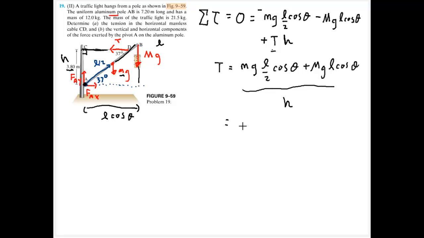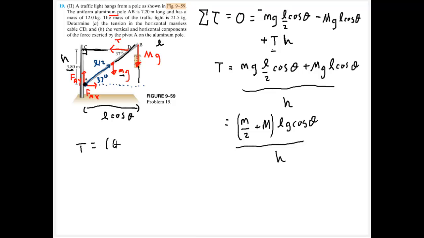And I can actually simplify this quite a bit by saying this is going to be little mass divided by 2 plus big mass, and then pull out the LG cosine theta, divided by height. Go ahead and I plug all of those guys in.